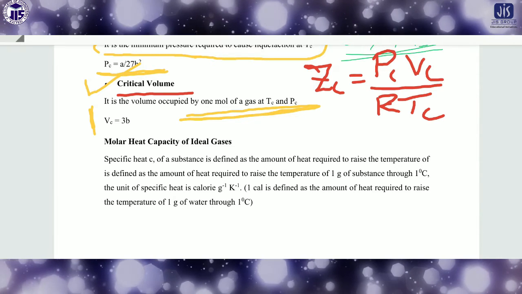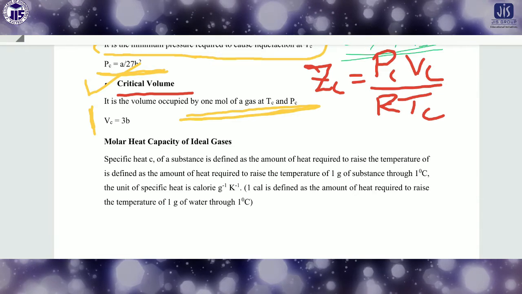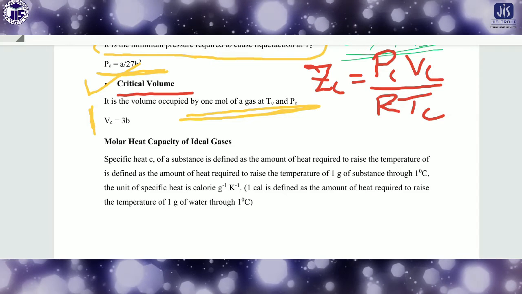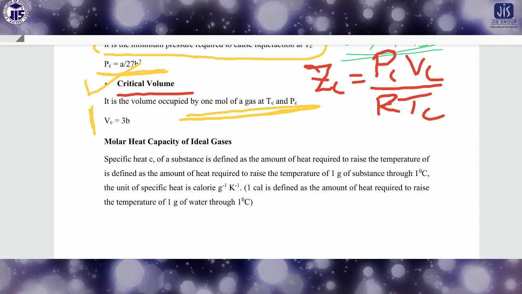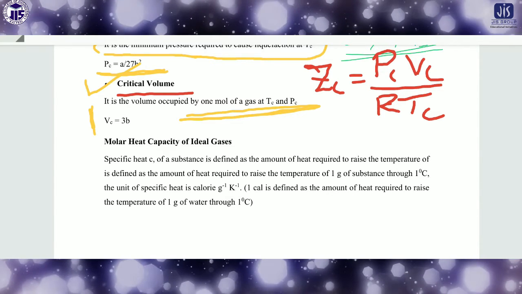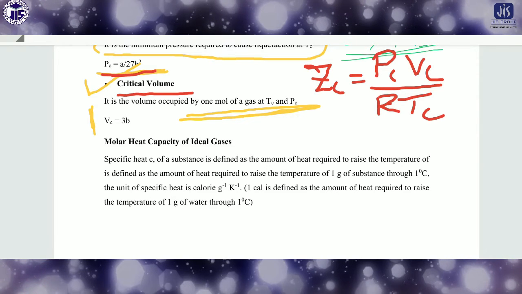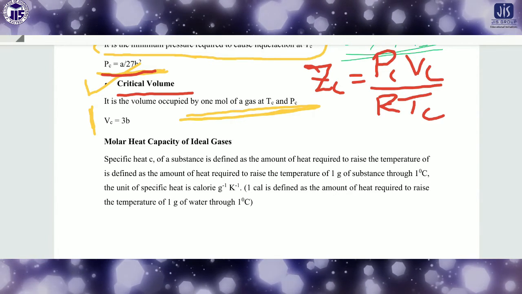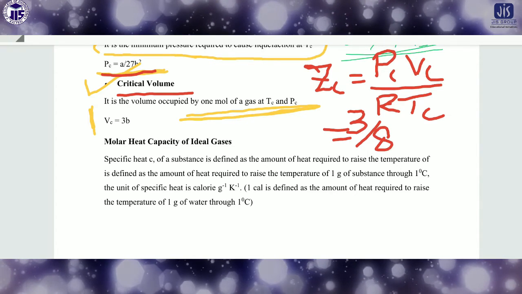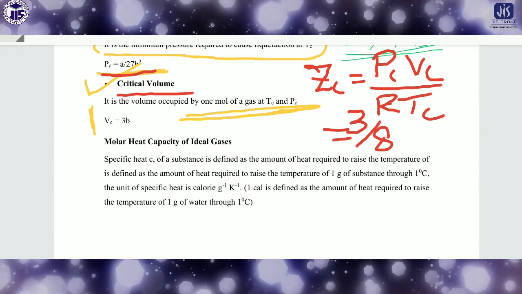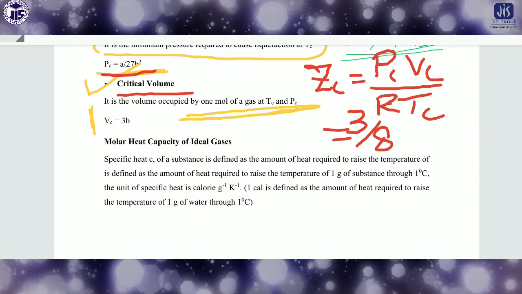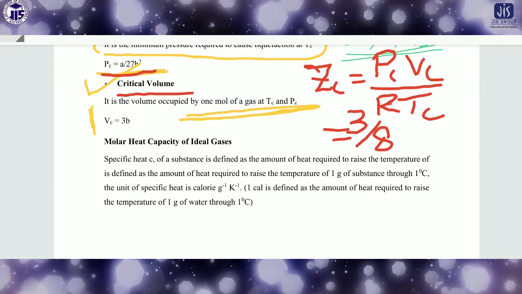I already discussed that Z equals PV by RT, where PV is for the real gas and RT comes from PV equals nRT. So if you put in all the expressions for PC, VC and TC, you will find the value is 3 by 8. This is very important, you have to keep in mind. So ZC, the compressibility factor at critical temperature, critical pressure and critical volume, is 3 by 8.